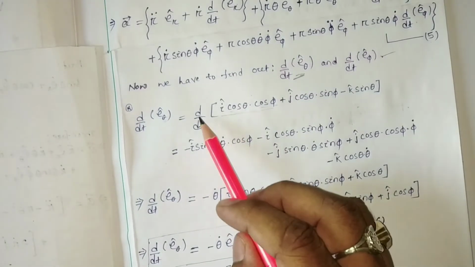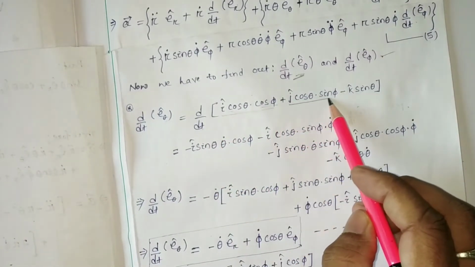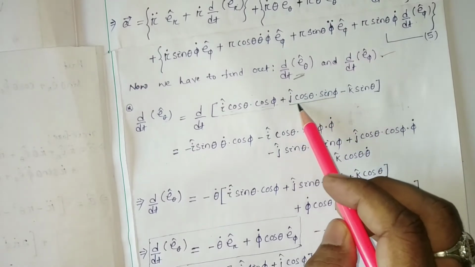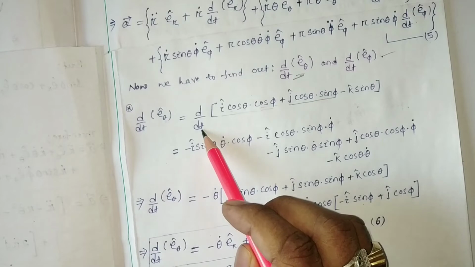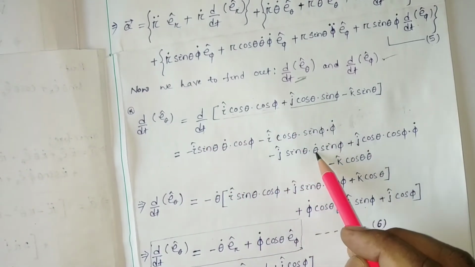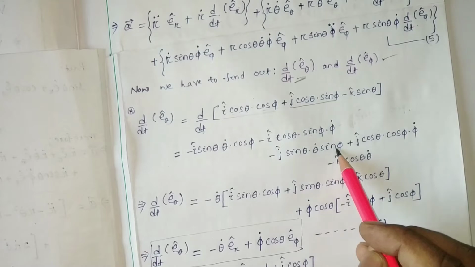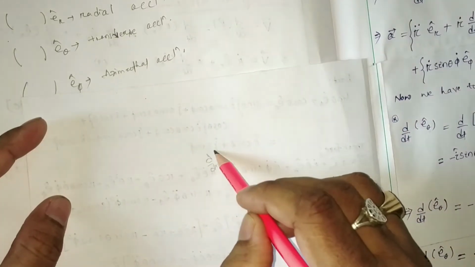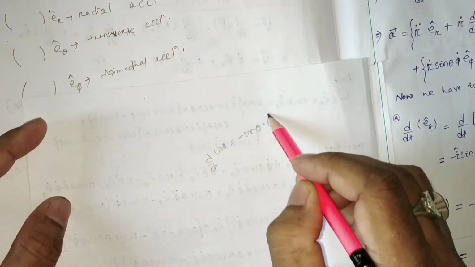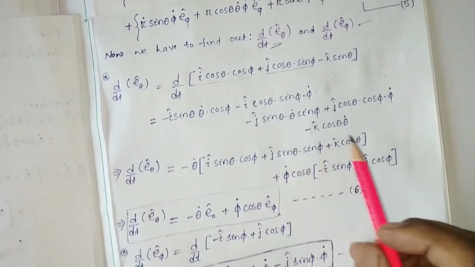Next we have to consider d by dt of these three terms, j cap cos theta sin phi. So the derivative of cos theta with respect to t will be minus sin theta, so minus j cap sin theta theta dot sin phi. See, d by dt of cos theta is nothing but minus sin theta theta dot. Okay, same thing it has been written.